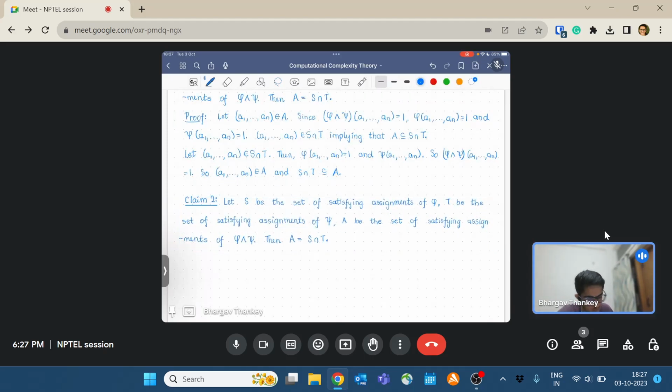Yeah, so as before, let S be the set of satisfying assignments of phi, T be the set of satisfying assignments of psi, P be the satisfying assignments of phi or psi. Then the claim is that P equals S union T. And yeah, the proof would be along similar lines as the proof of claim one. So let's quickly do it.